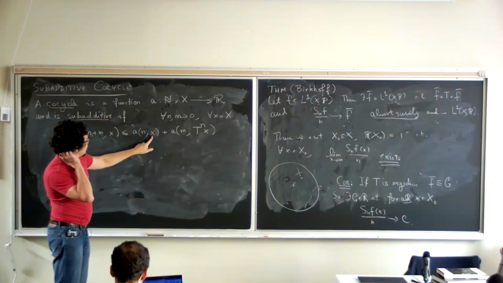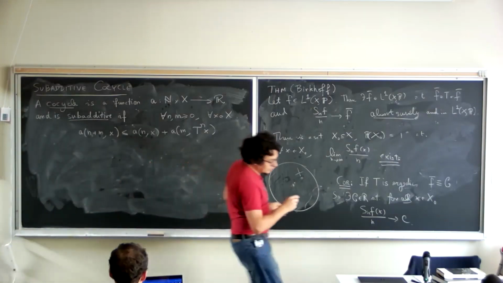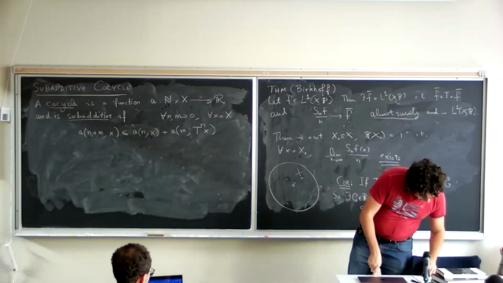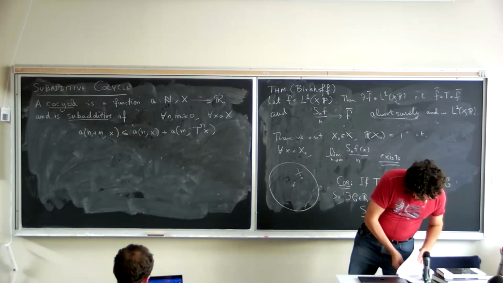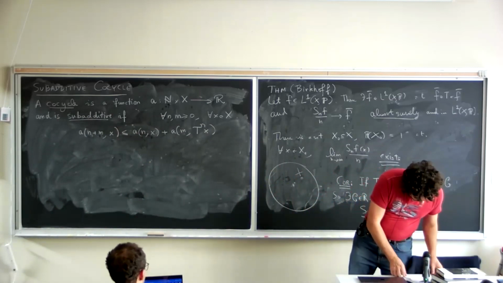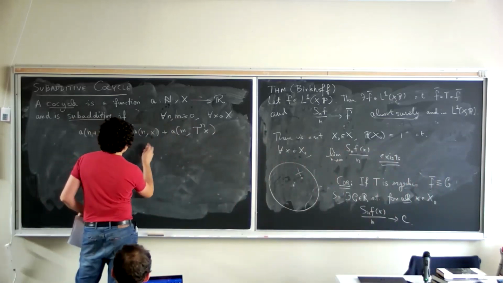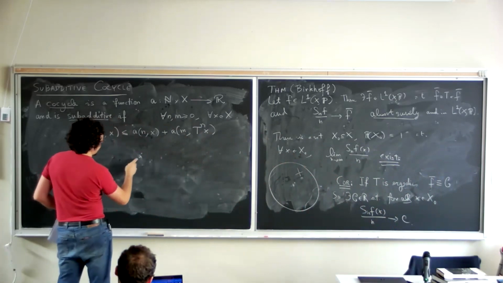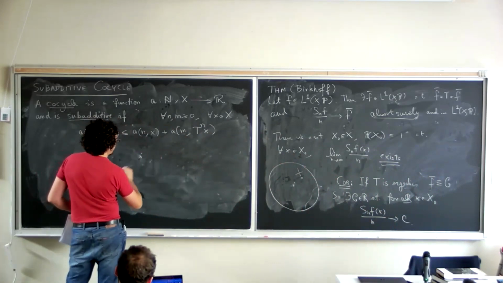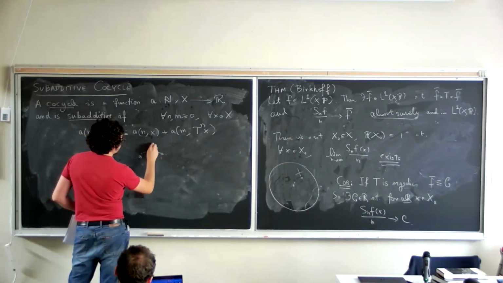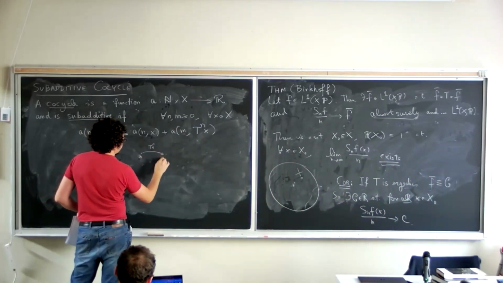Wait, right? Yeah, that's literally right. So what is going on here? It's like I start at the point x, and I apply the dynamics, and I get T^n x.